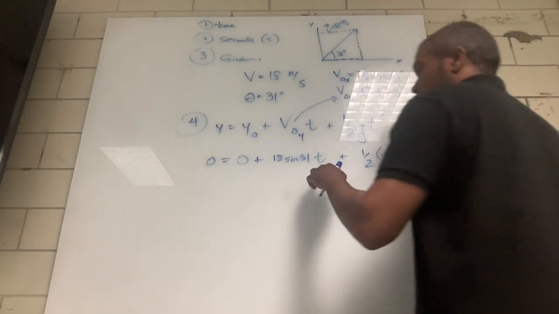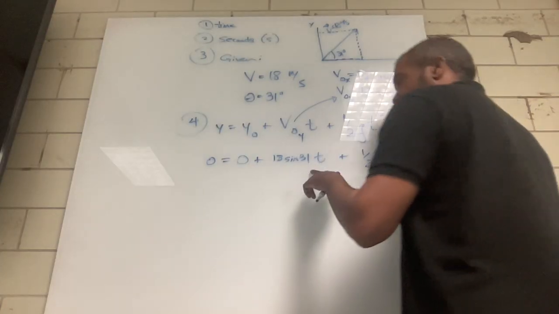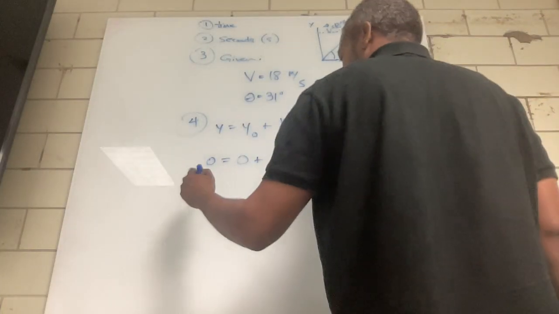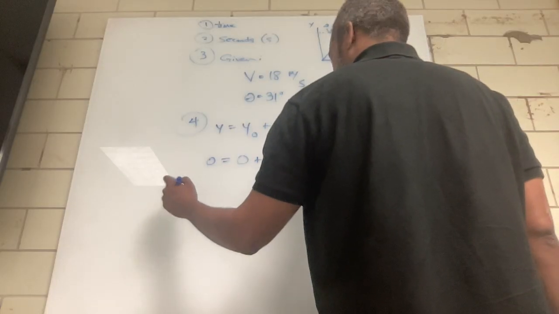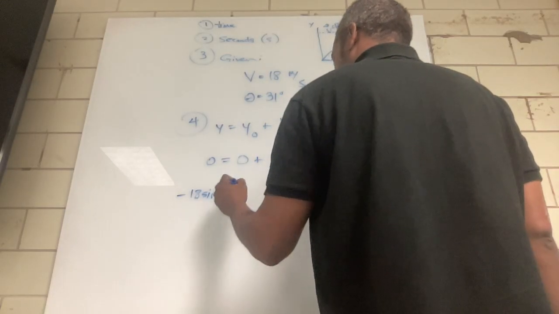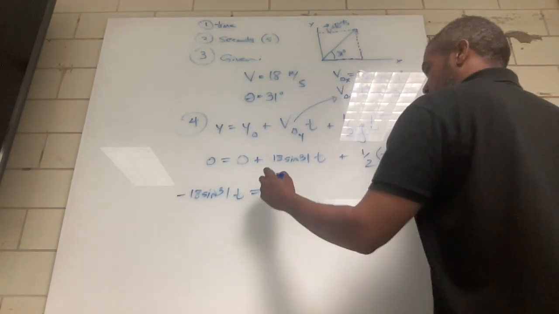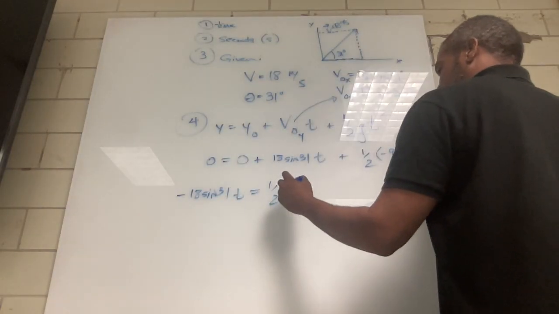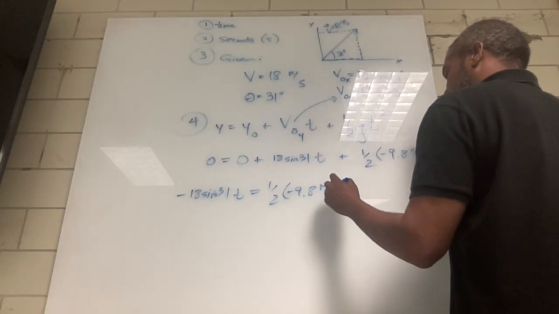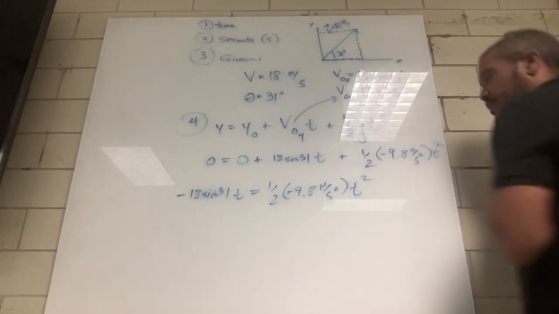So now I can take this and move it to the other side. That's going to be negative 18 sine 31 t equals 1/2 negative 9.8 meters per second squared, t squared.